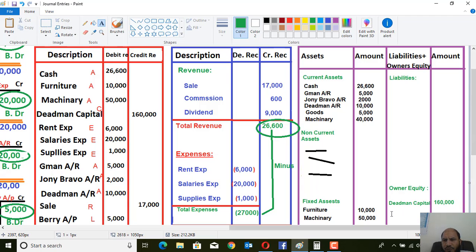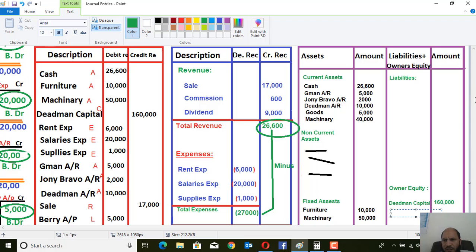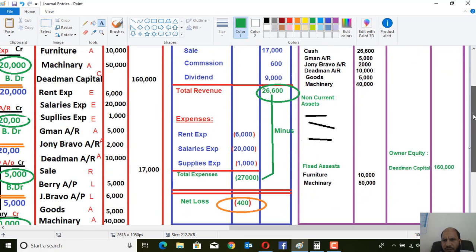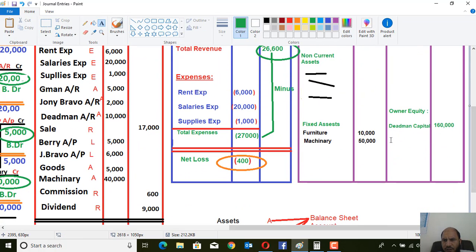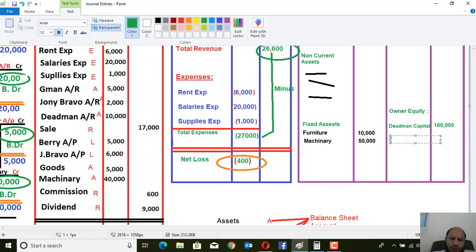We have, for example, a loss of 400. So we will minimize, or we will subtract the net loss. So in this year the company has lost roughly how much? 400.